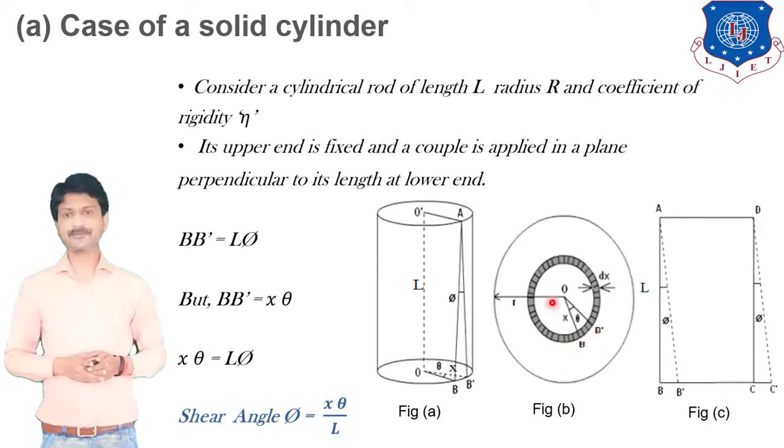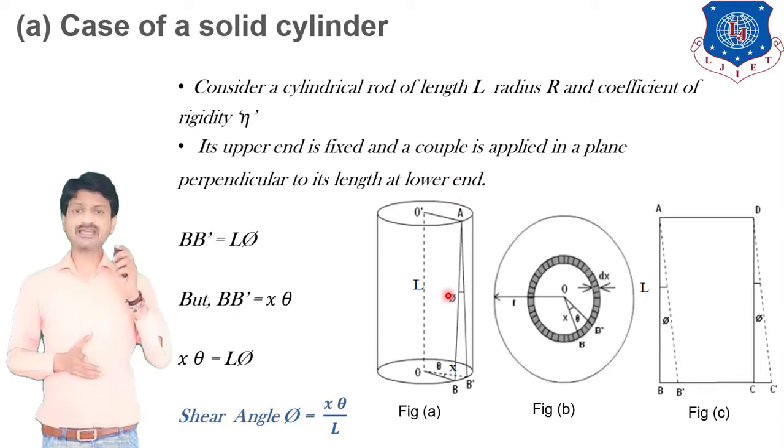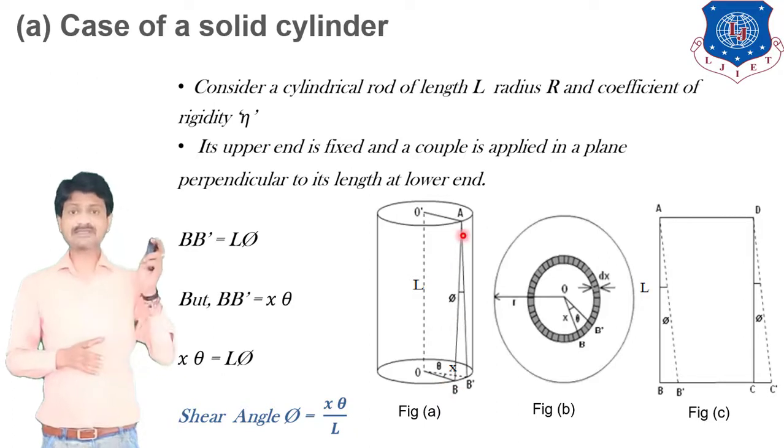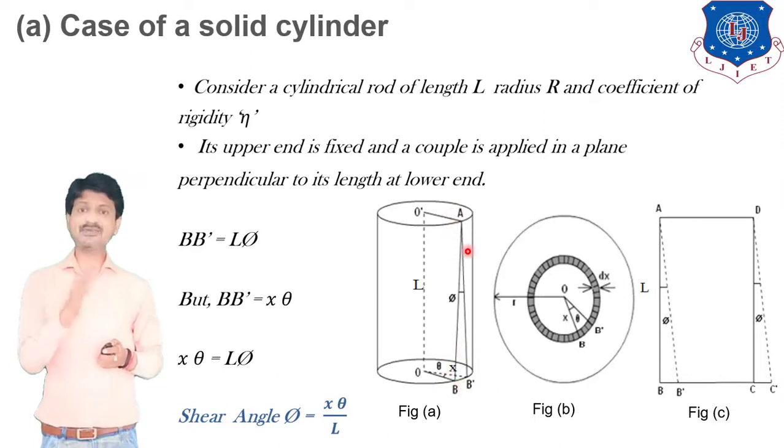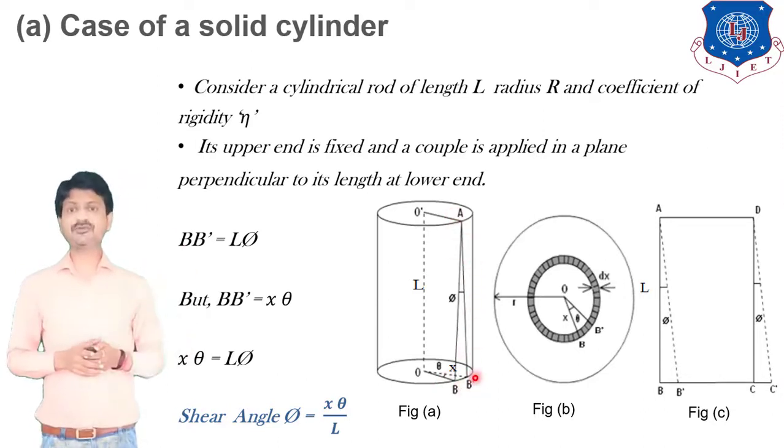So, it is seen that the radius of the base of the cylinder turns through the same angle theta, but the displacement BB dash is maximum at the rim and it gradually decreases to zero at the center O. So here, you can see in the figure that a straight line AB, which was initially parallel to the axis OO dash before applying a twist, will now take up the position AB dash after the angle of twist.